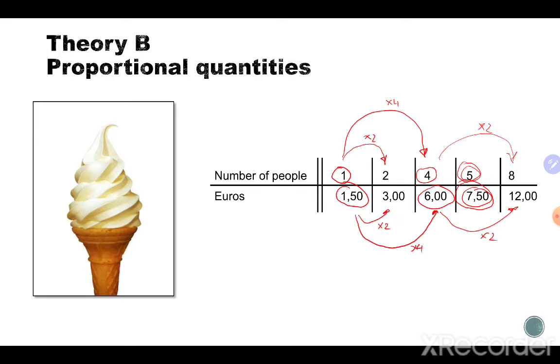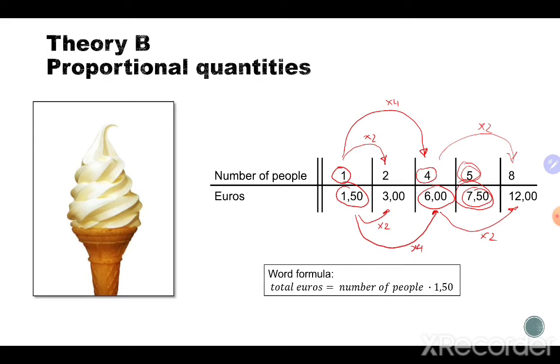So the total price is the number of ice creams times 1.50. If I have 0 ice creams, then you do not need to pay anything. So if I make a graph of it, the line always goes through the origin, because for 0 ice creams I need to pay €0.